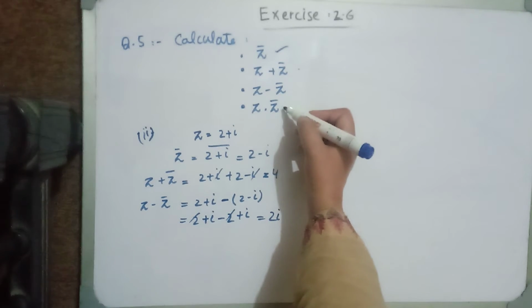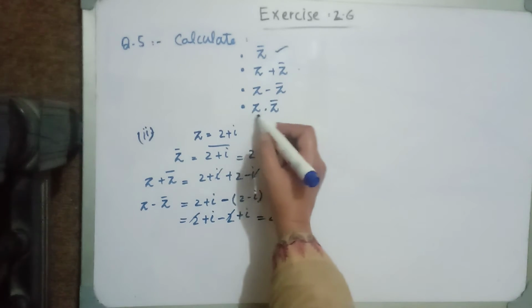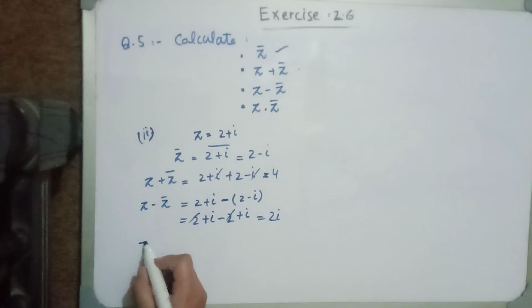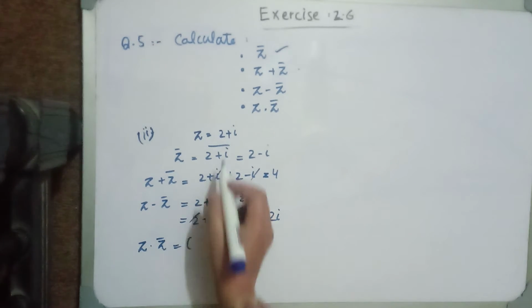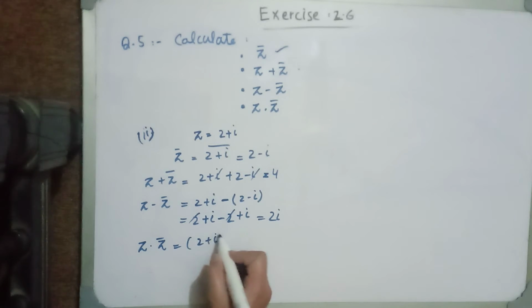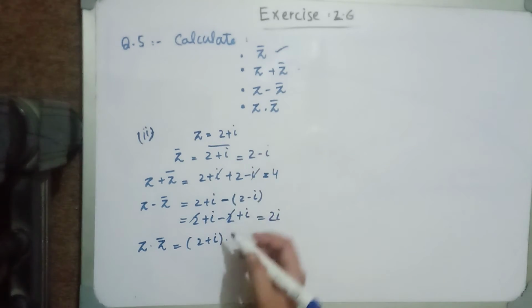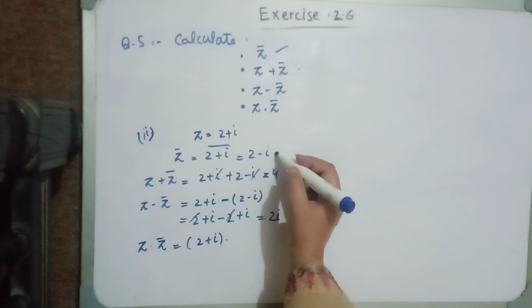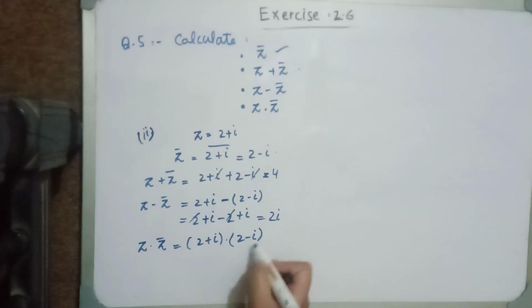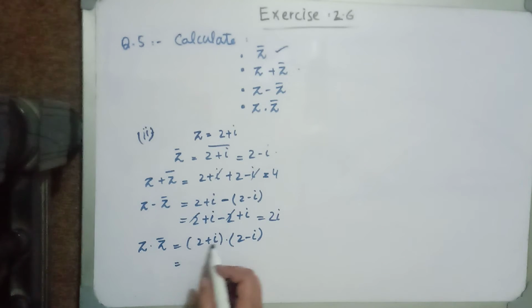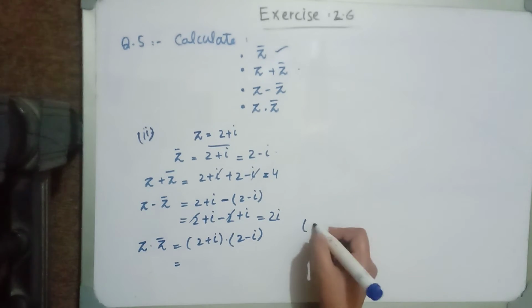The third and last thing that we need to find here is z into z bar, which means we need to multiply z and its conjugate. So let's find out. z into z bar is equal to 2 plus iota into, z bar is 2 minus iota, so I'm going to write it here, 2 minus iota. Now as you can see, here we have the form a plus b into a minus b, so we can apply this formula.